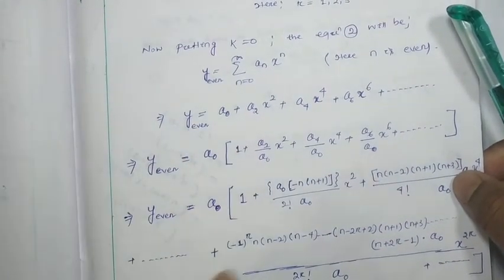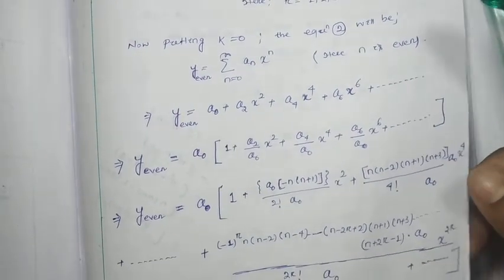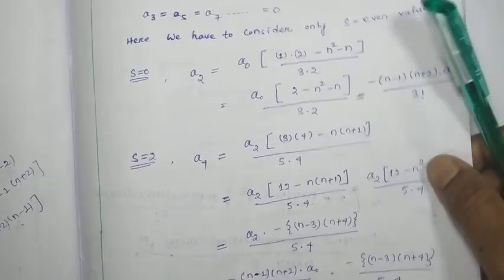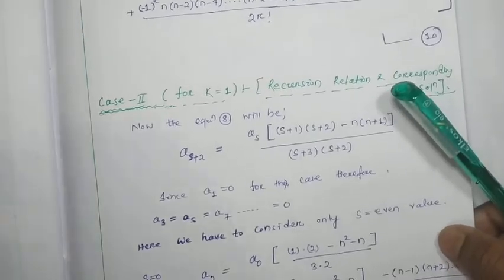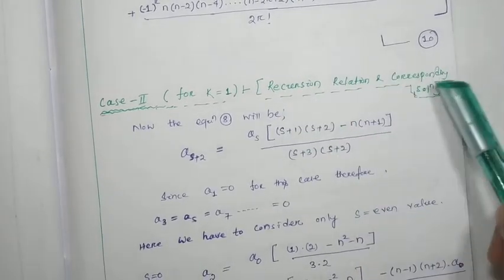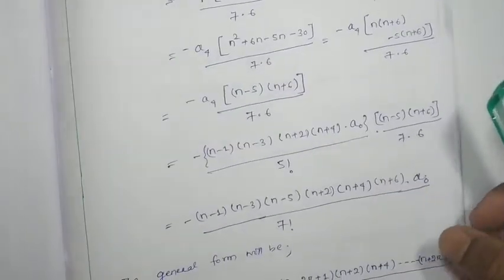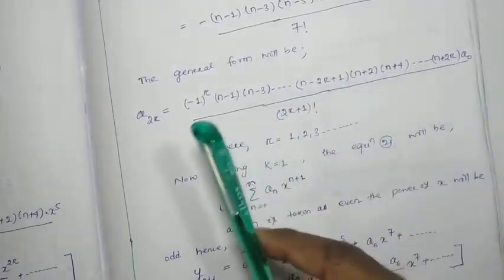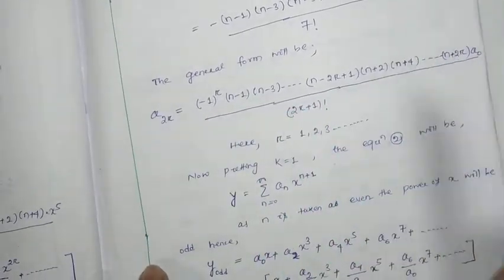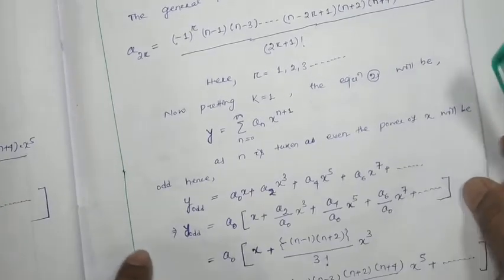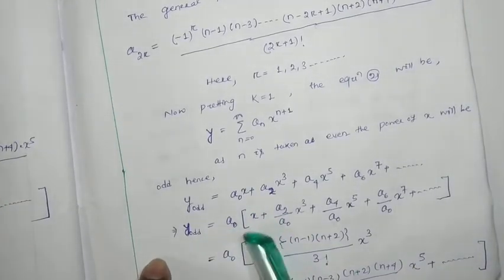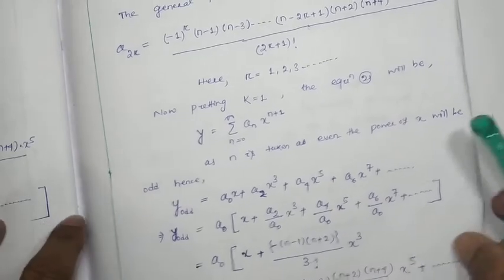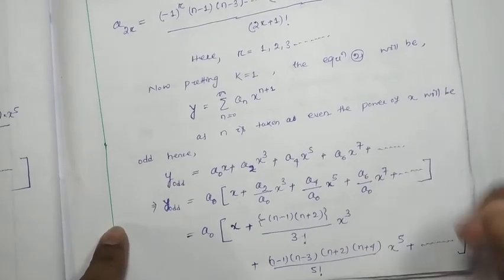In detail we discussed in our last lecture, and for k equal to 1 the recursion relation and corresponding solutions, and we found that the a2r value is this much, and the so-called odd solution y odd will be this much. We discussed this in detail in our last class.